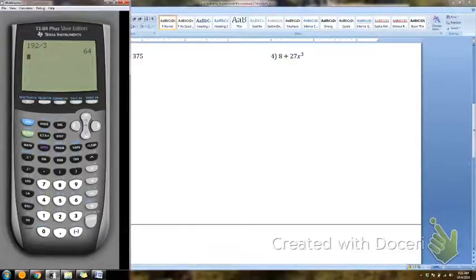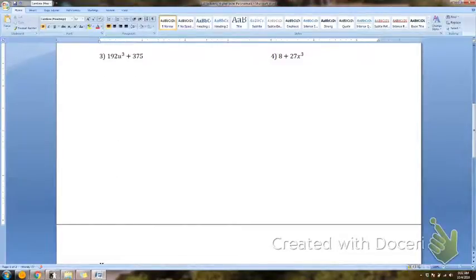Is 64 a perfect cube? Yes. Now let's check 375. Can we divide that by 3? We get 125. Is 125 on our list? Indeed it is. So if we divide this problem by 3, we are going to get perfect cubes that we can then apply our formula to.